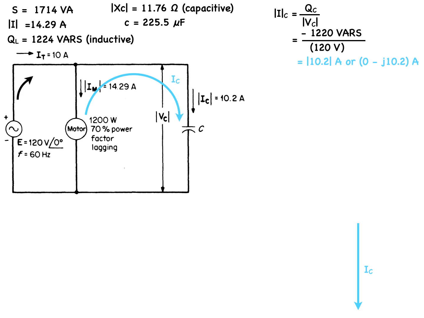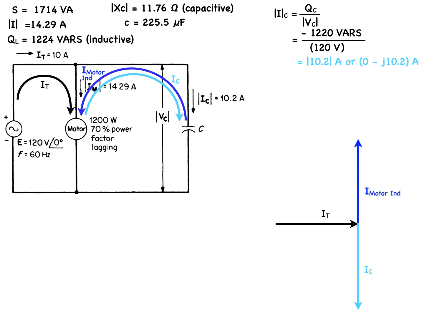We already calculated the corrected current flowing from the 120 volt power supply as 10 amps, and it is at unity power factor because that's what we intended it to be. The current flowing to the motor lags the voltage because the motor has an inductive element. We can calculate that lag angle, let's call it theta, because we're given the power factor of 70%.